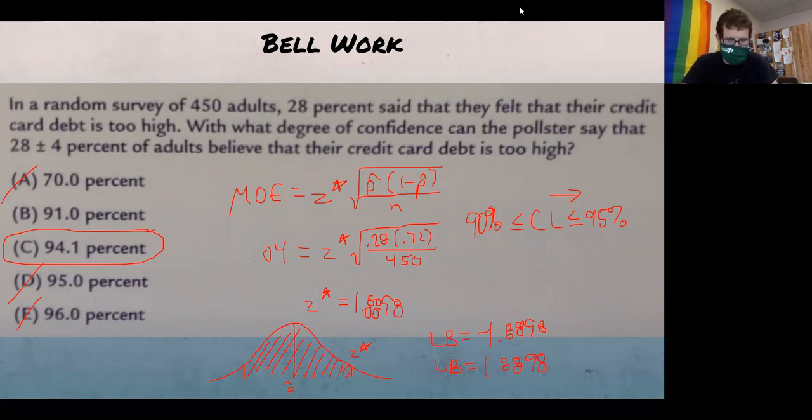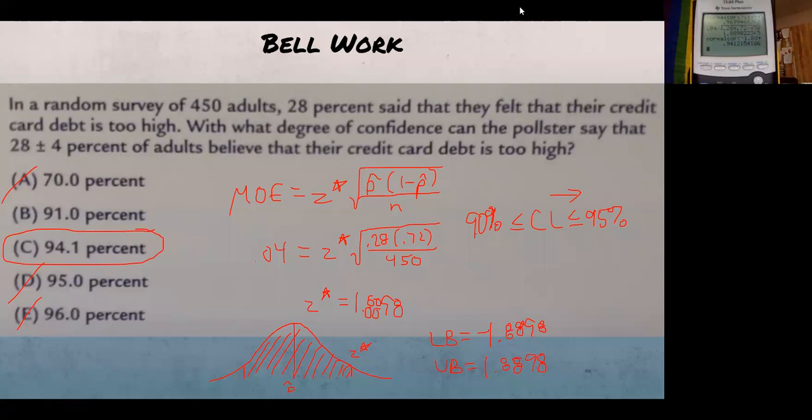So if you do a normal CDF real quick, and I haven't done this part yet, so let's hope I'm not lying to you. If I go from negative 1.8898 up to 1.8898, I should get 94.1, and we do. So that represents a 94.1% confidence level.